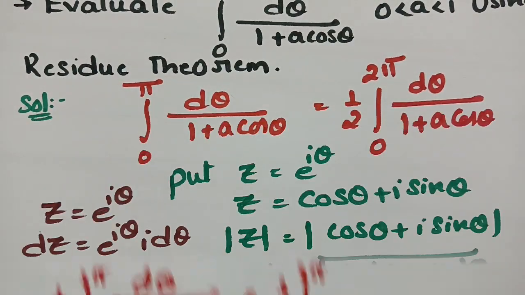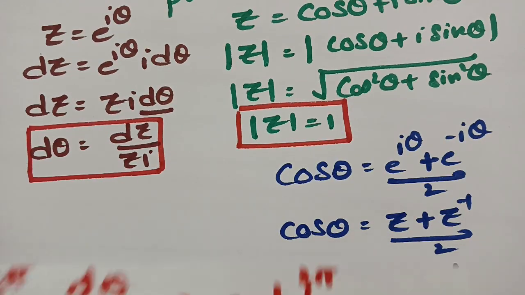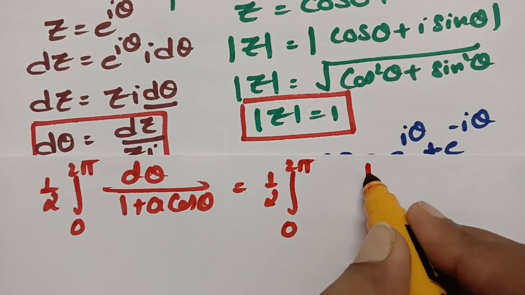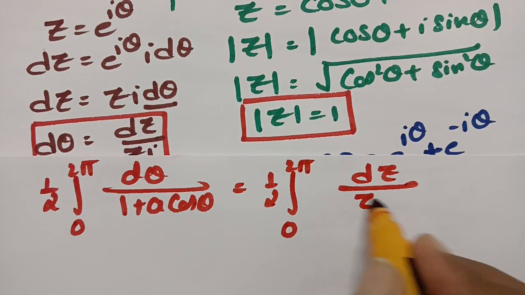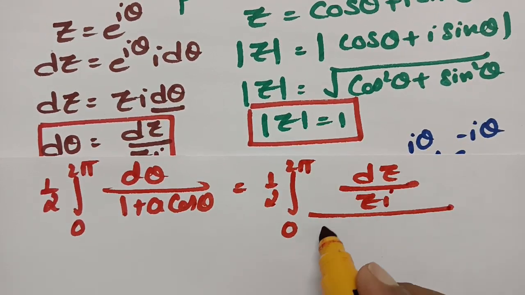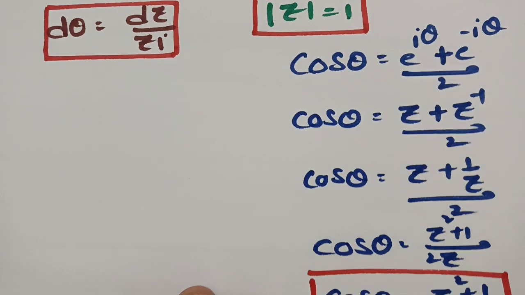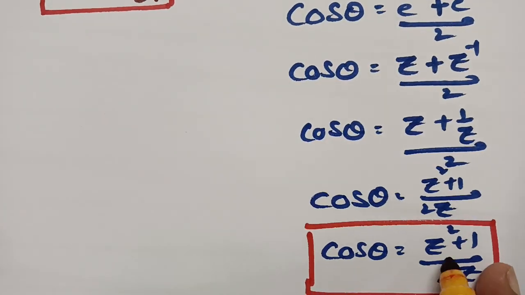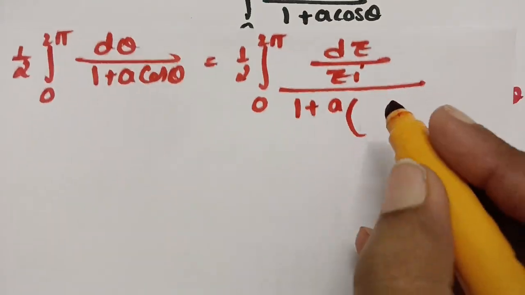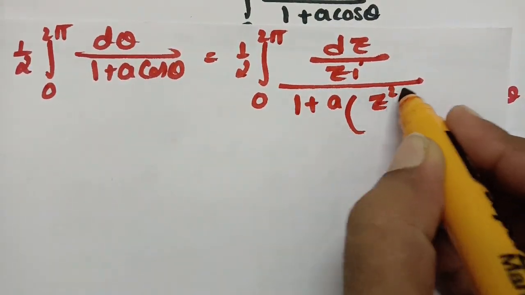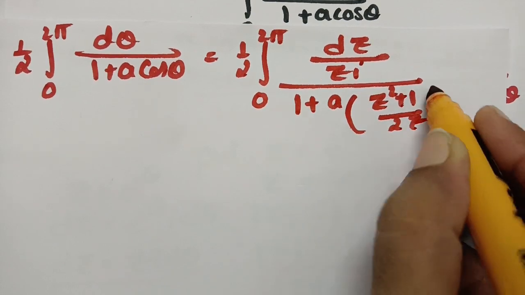What is d theta? d theta is nothing but dz by z i. So this value is dz by z i, divided by 1 plus a into cos theta. What is our cos theta value? Which is equal to z square plus 1 by 2z.